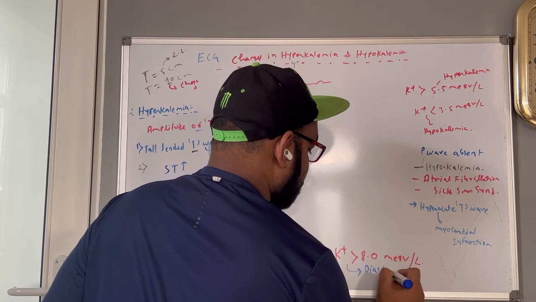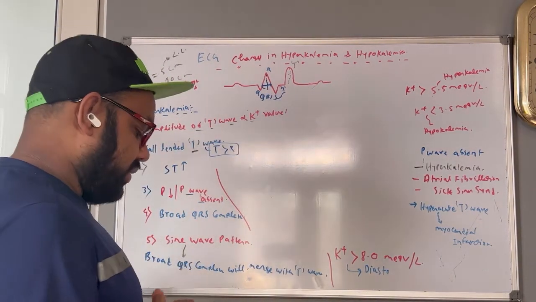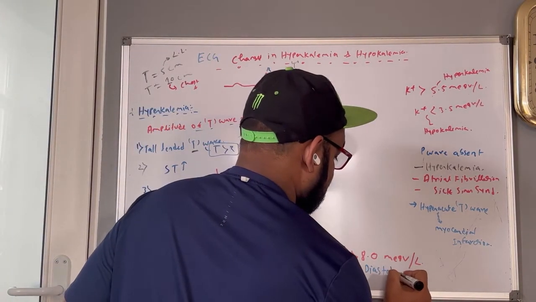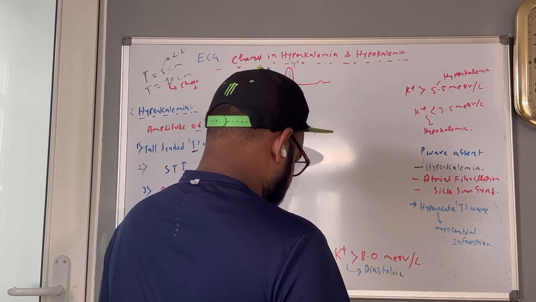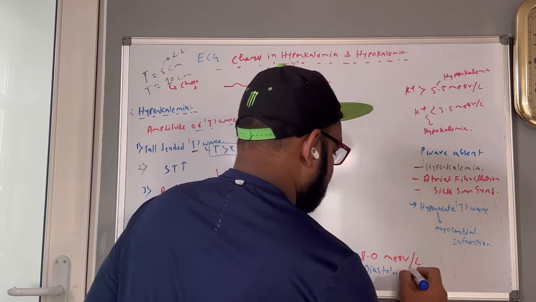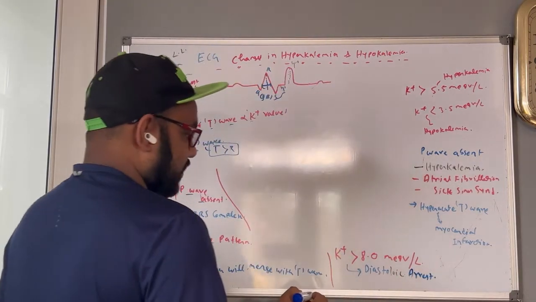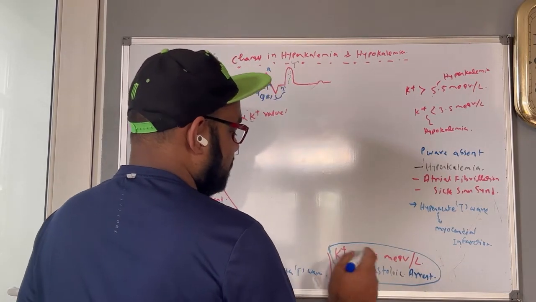And this is the most common cause of death in hyperkalemia. So you can say over here, we will get diastolic arrest, and this diastolic arrest leads to death. So the most important cause of death in hyperkalemia is diastolic arrest.